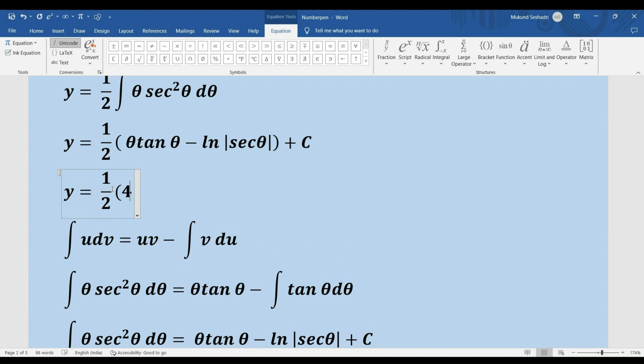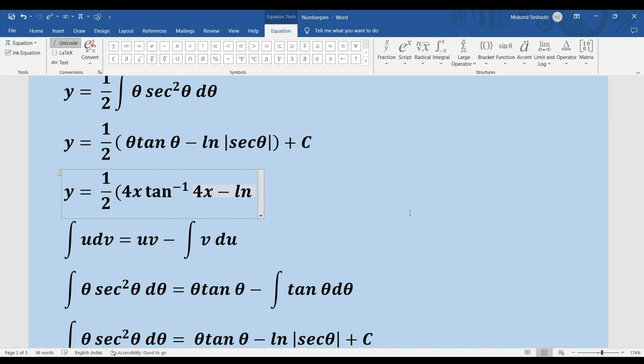My tan theta is 4x, and when my tan theta equals 4x, my theta is tan inverse of 4x, right? And then I have a minus of ln of mod of secant theta, right? Now this requires a little bit of working, because I know that I have my 4x equals tan theta, but I will have to express secant theta in terms of x, right?